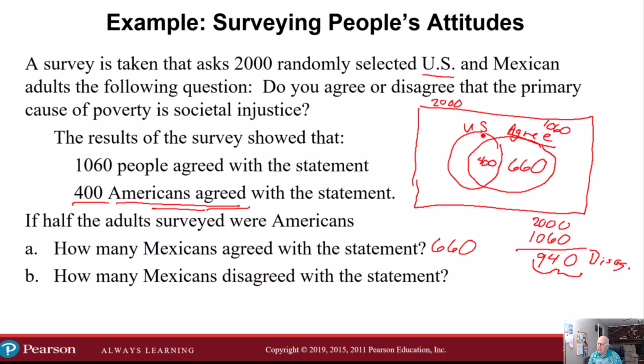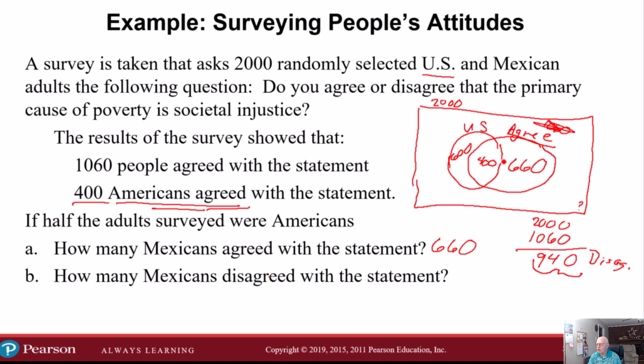So, Americans, we have 400 in here. This total is 1,000. So we'd have 600 in there. That gives us all the regions except what's outside here in this part.